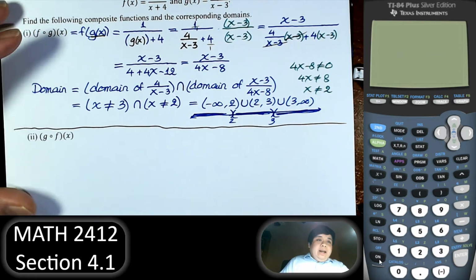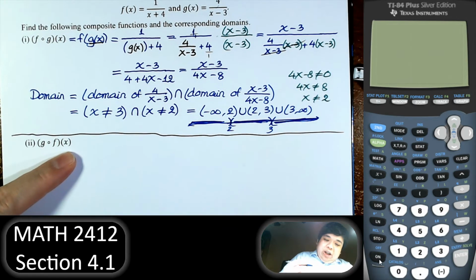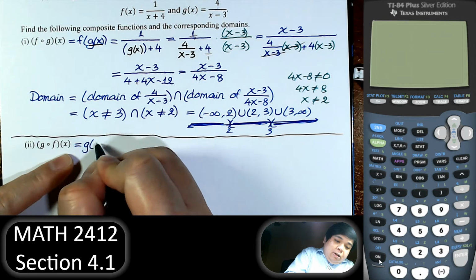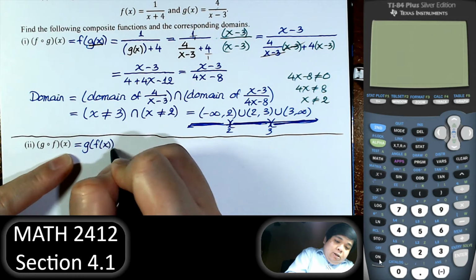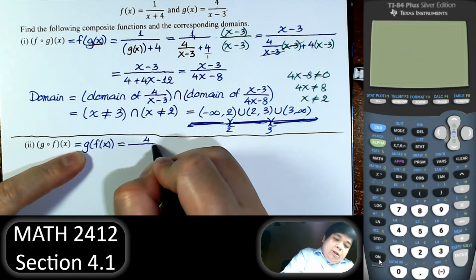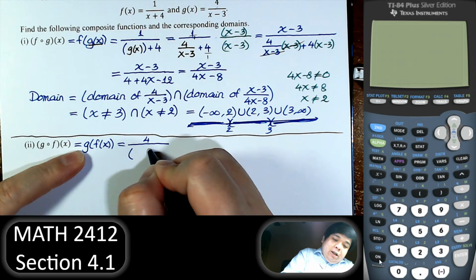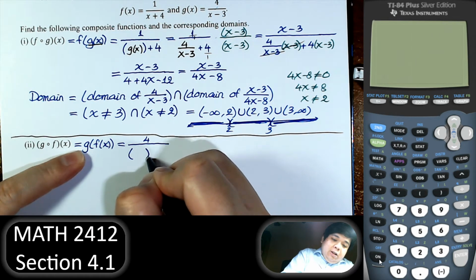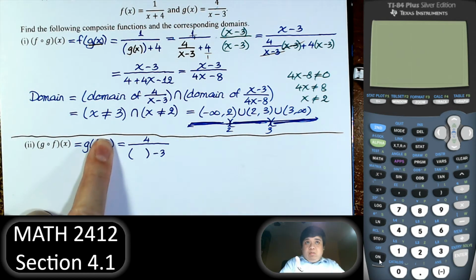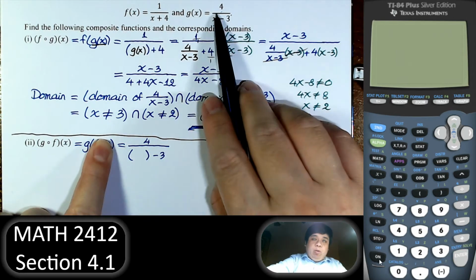Now find the combination of g of f of x. The function g is 4 over something minus 3. Doesn't matter what's inside the parentheses, that's what the function g is, right?